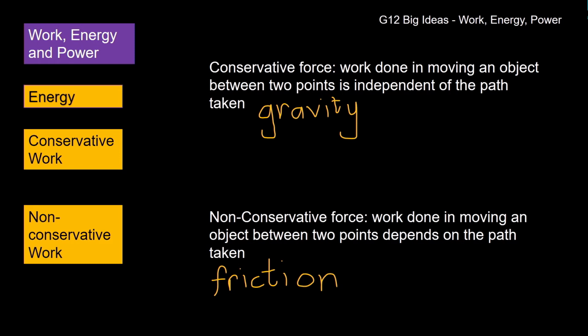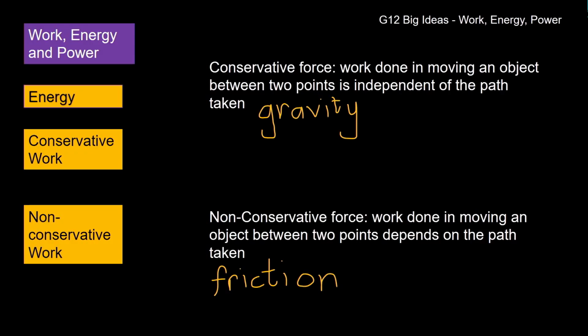And so a conservative force is a force that will do work in moving an object between 2 points, that's the definition, between 2 points. But the important thing is it's independent of the path taken. For example, gravity.